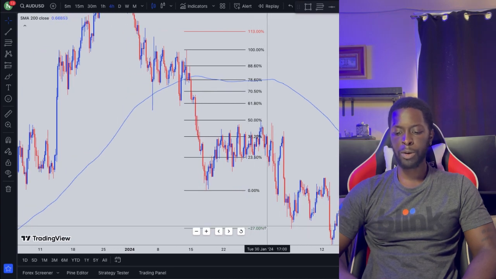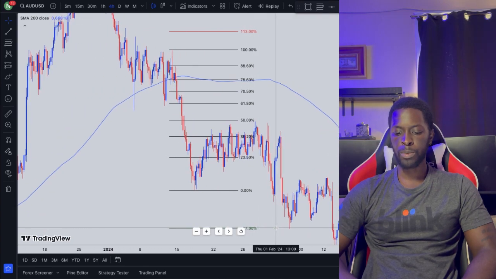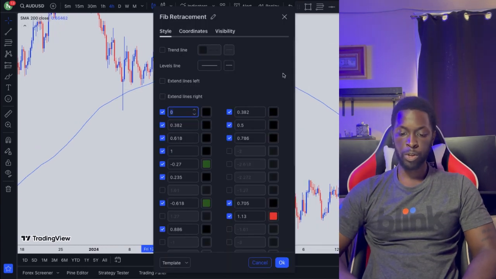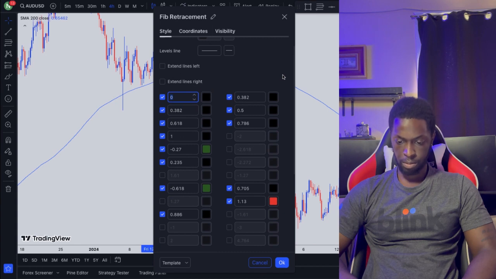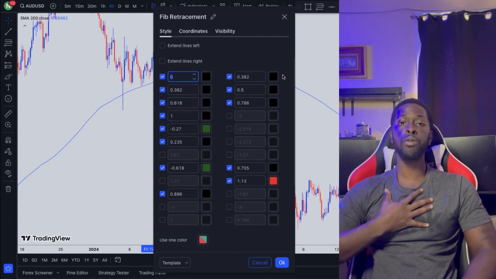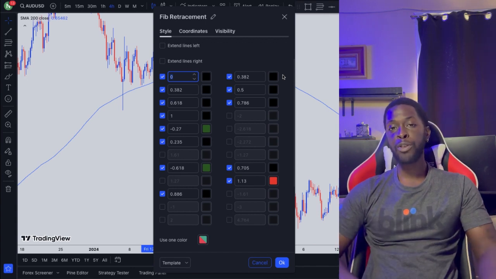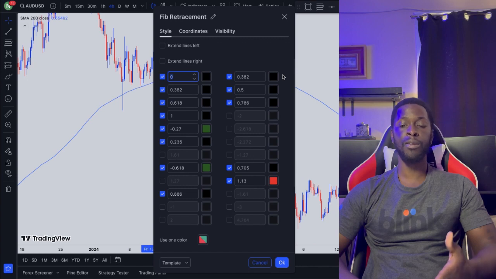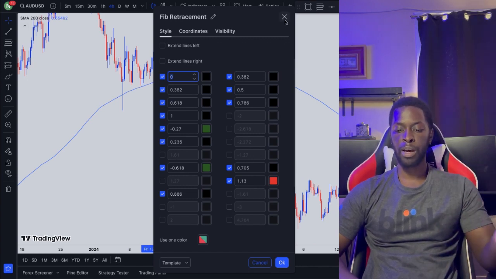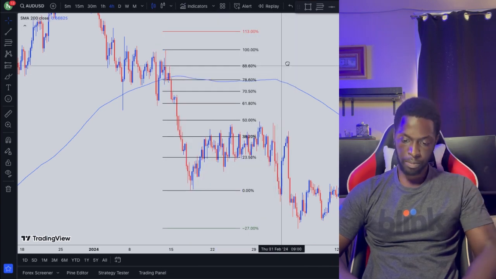Or you're not going to have the 27. So what you want to do is copy this, pretty much. This is the settings that I use. You don't have to use them, but I find a lot of success with using these levels. So go ahead and copy these levels, get them down. Let's get back to it.